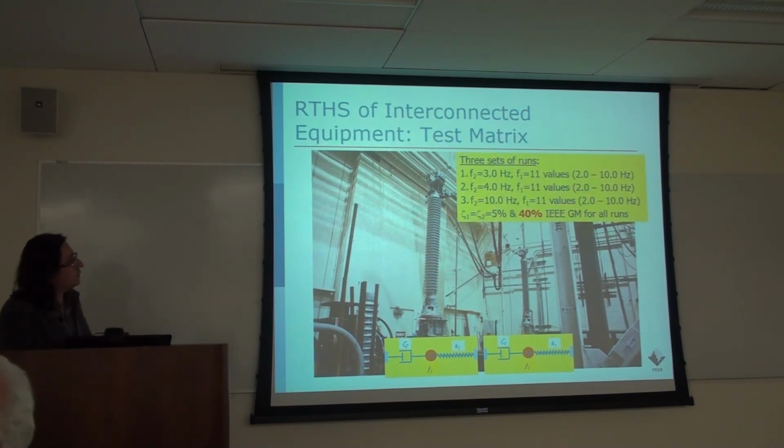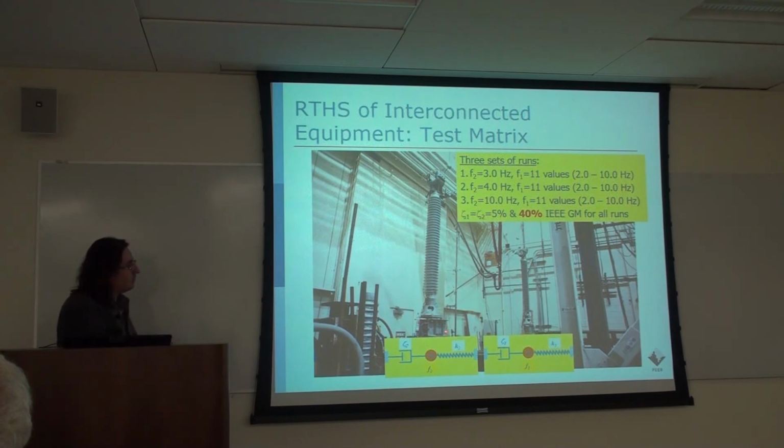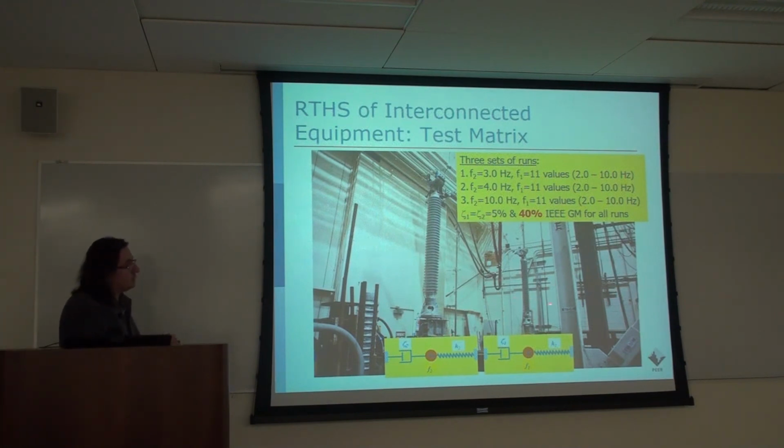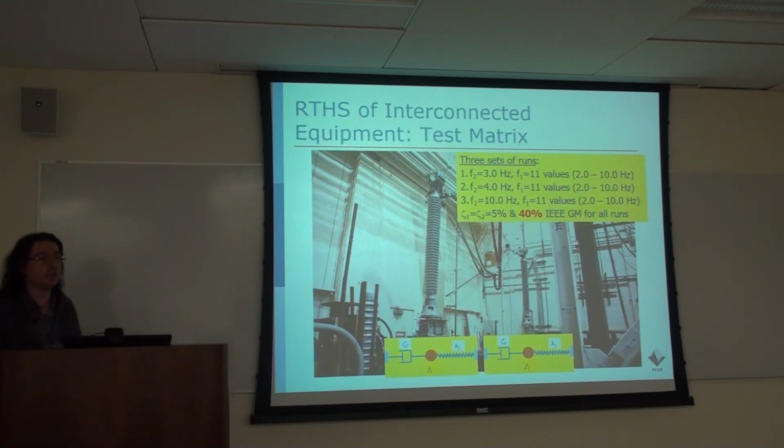So what we did here is 3 sets of runs. So basically we kept the support structure underneath one of the tables constant, and we changed the other support structure frequency.